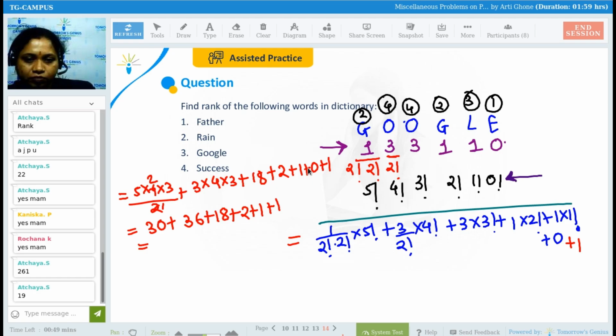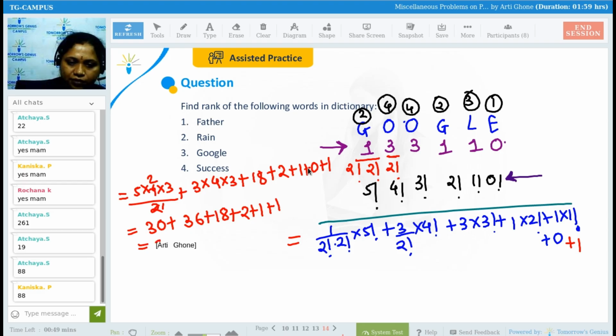What will be the addition? 30 plus 36 plus 18 plus 2 plus 2. So it is 88. What will be the rank of the word Google? 88.